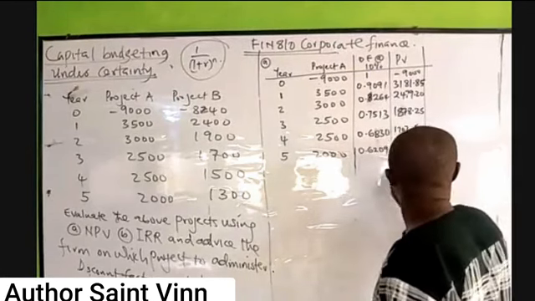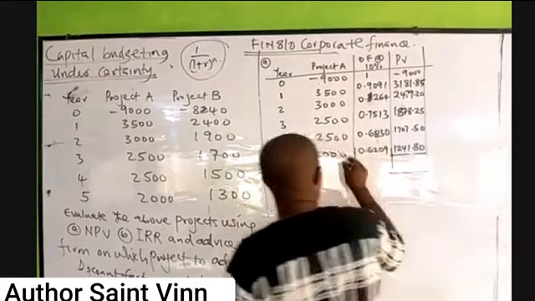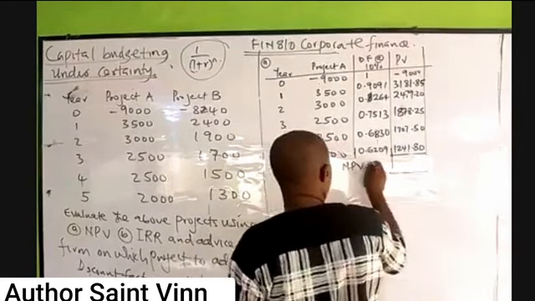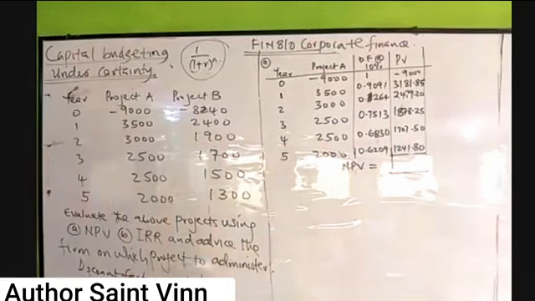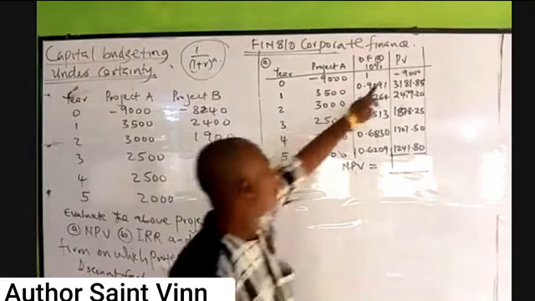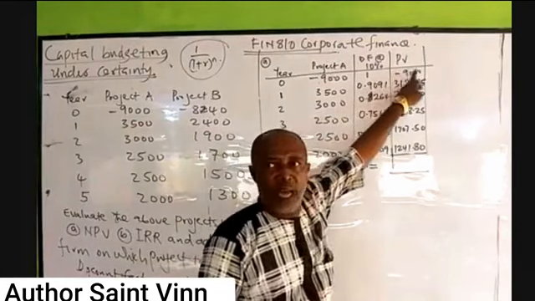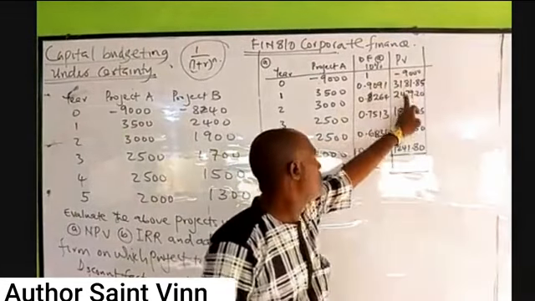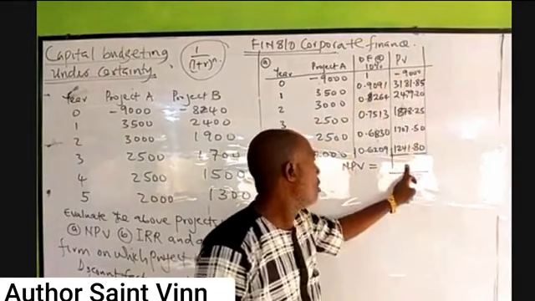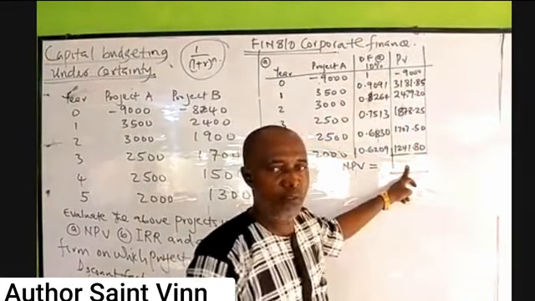Those of us online, I hope you are copying. So help us add this. This minus 9,000 plus this, plus this, plus this, plus this, plus this. You get the sum. What do you have?